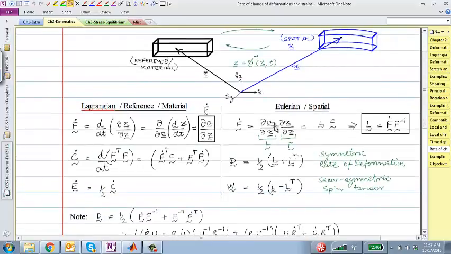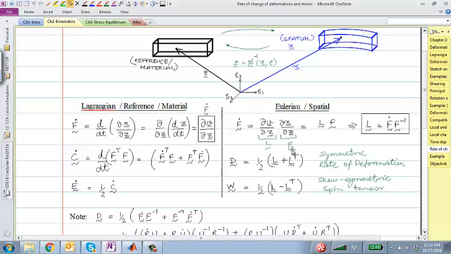And similarly on the spatial side, we have these gradients which are important physical quantities. So F dot, the same thing that we had on the Lagrangian side, can be expressed as partial v partial x, the velocity gradient, if you remember from last time, and applying the chain rule, times partial x partial z.